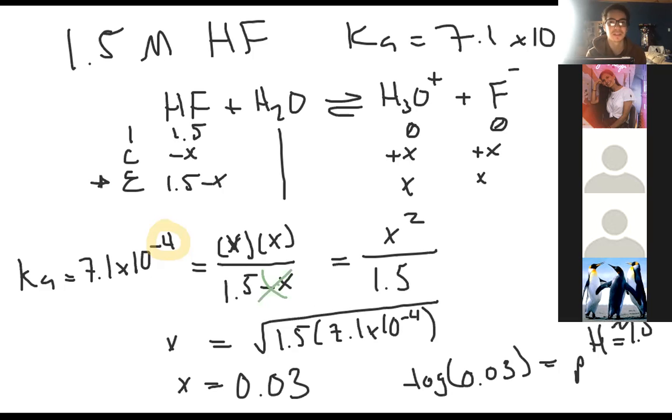So let's say we had 5 molar of HF, it'll be more acidic. We only have to get one, I mean. Yes, if I'm understanding you correctly, you only have to solve for one pH. Oh no, you're good.